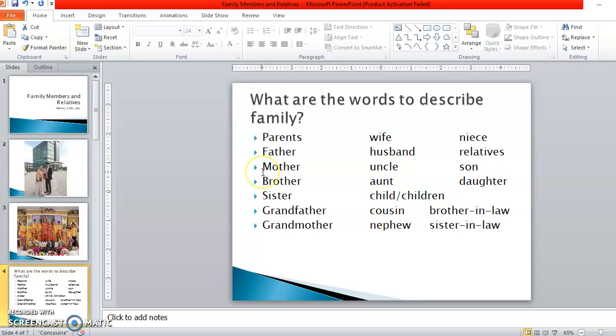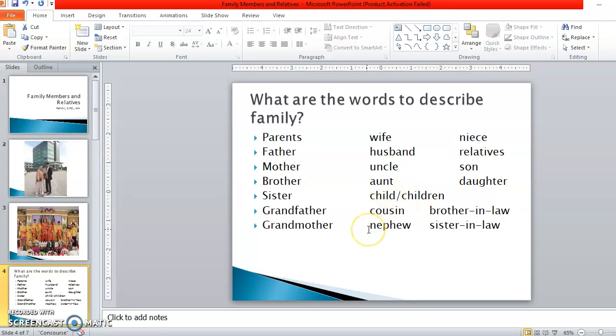Father, mother, brother, sister, grandfather, grandmother, wife. You haven't got a wife, right? Because you are still single, you are still university students. Husband, uncle, aunt, child. The singular form is child, and the plural form is children.